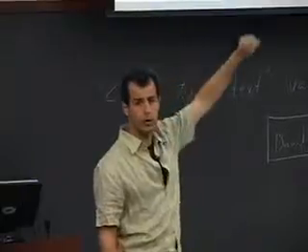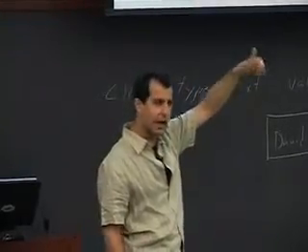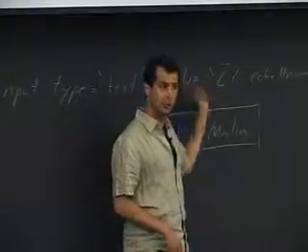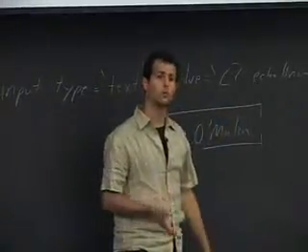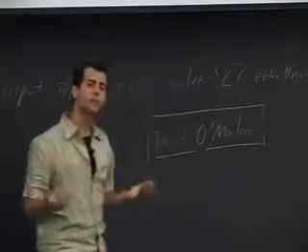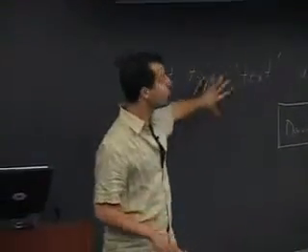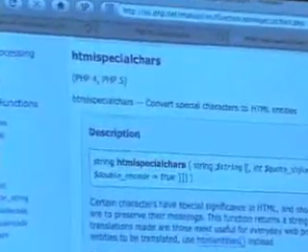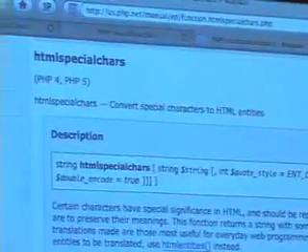URLs have their own constraint. Ampersand's bad, equal signs bad, and a couple of other syntactic details. In the context of XHTML, quotes are clearly also bad. Angled brackets are also bad. So there's different functions for different contexts. In the one we're now talking about on the board, turns out there is one called HTML special chars. PHP likes to be verbose, but as the documentation here says, this function, HTML special chars, converts special characters to HTML entities.